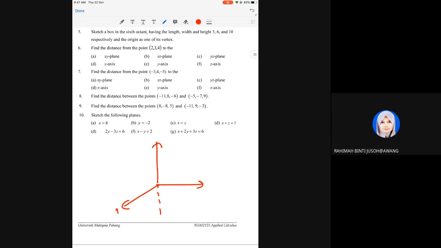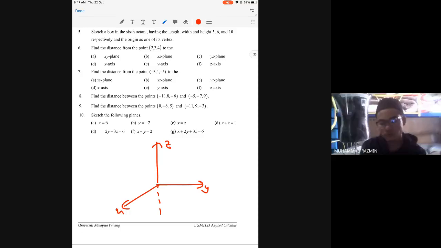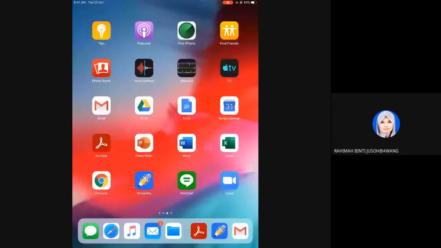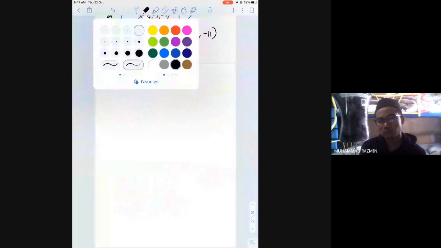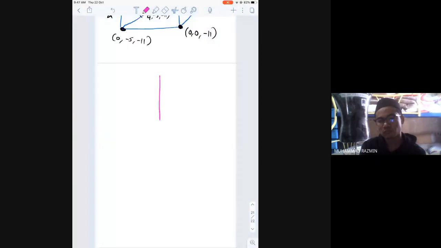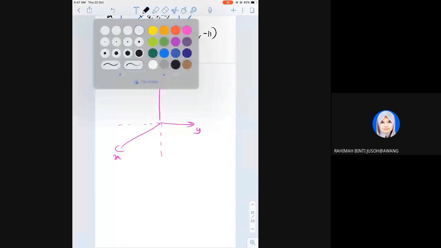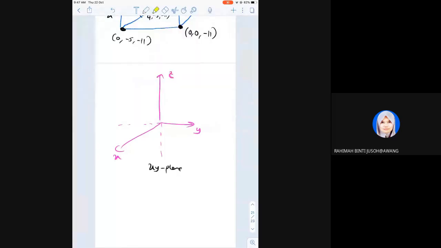Ni X, Y, Z kan. Kalau XY plane guys, okay, kalau XY plane itu bermaksud dia nak kawasan ni guys.